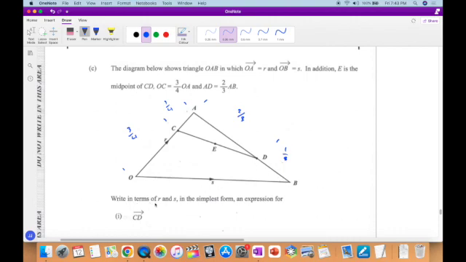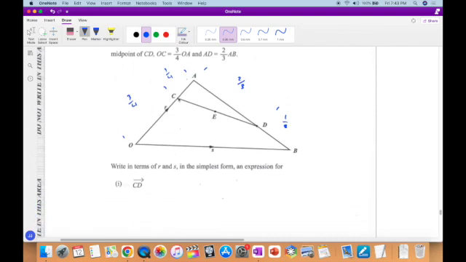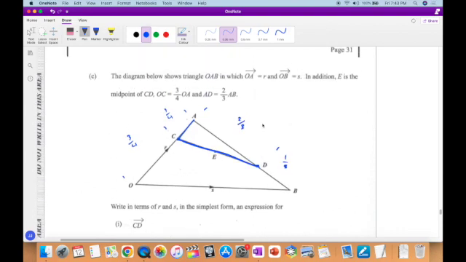Write in terms of R and S in the simplest form an expression for the vector CD. So if I want to drive from C to D, I could drive from C to A and from A to D. But in terms of R and S, you notice A to D, I don't really have any S in there.